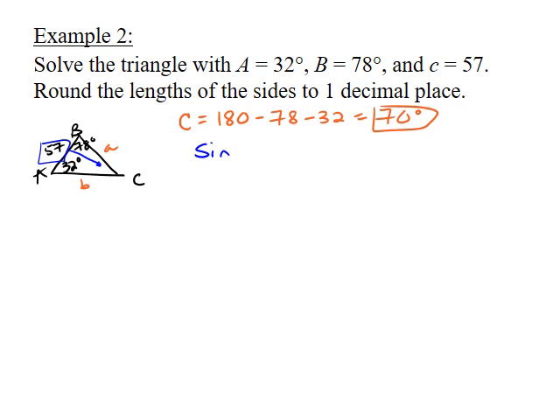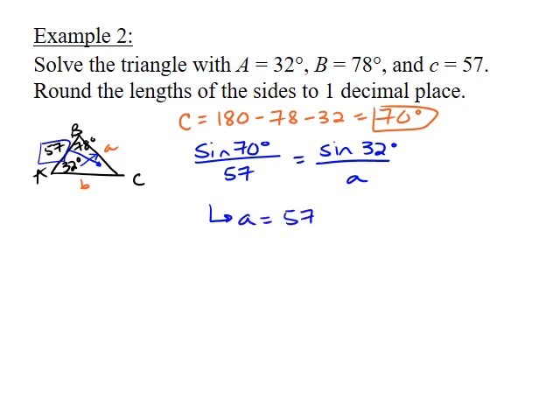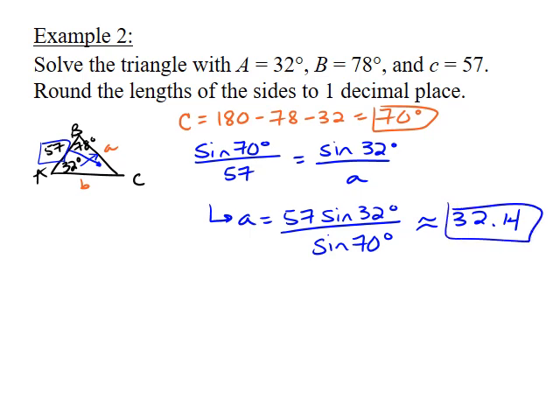Applying the law of sines, I have sine of 70 divided by 57 is equal to, I'll go ahead and find A first, sine of 32 degrees over A. Cross multiplying, I should find that A is equal to 57 sine of 32 degrees over sine of 70 degrees. So A is approximately 32.14 or 32.1.